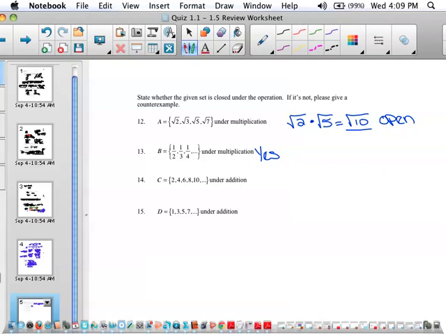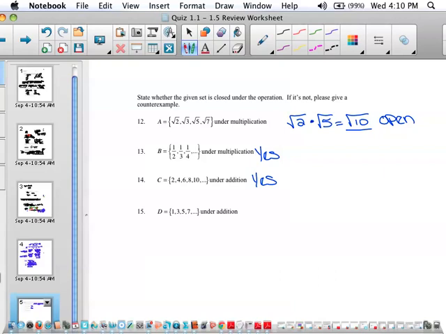C is defined to be the set of even natural numbers under addition. So if you add any 2 even natural numbers, you will get an even natural number. So the answer to this, again, is yes. D is defined to be the set of odd natural numbers under addition.